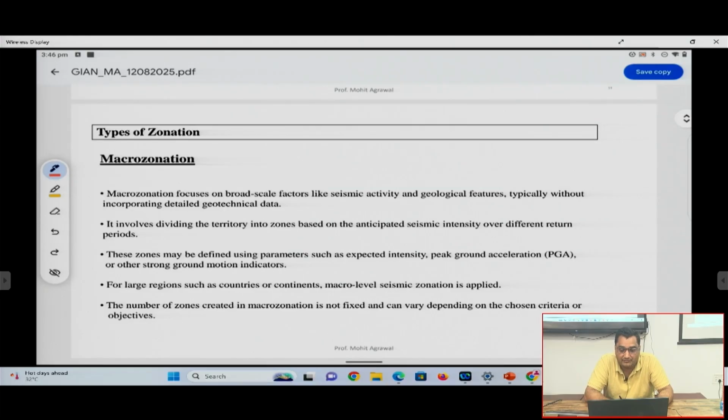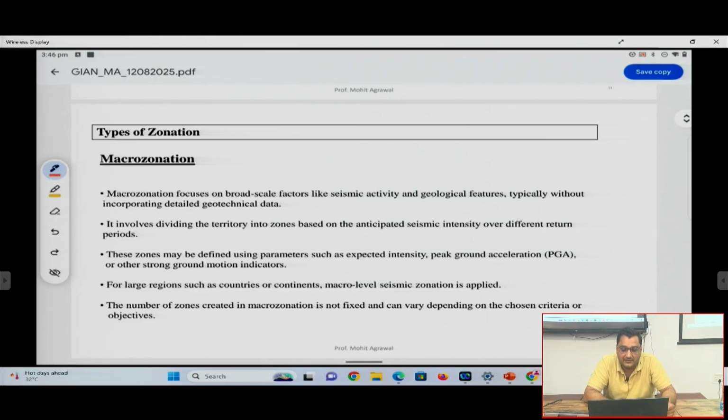So seismic zonation maps basically parameterize the seismic intensity, or maybe the peak ground acceleration, or some other strong ground motion parameters. For large regions such as continents or countries, macro level zonation is applied, because for larger regions such as the country of India or some other country, if you go for a site specific study taking into account the local soil condition, that will be a very tedious task.